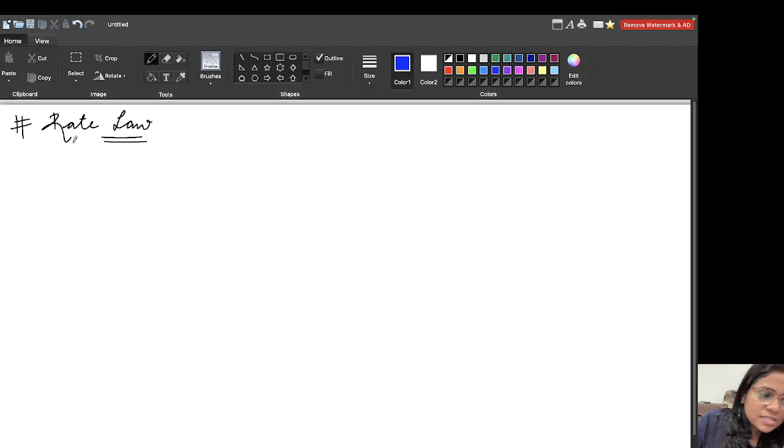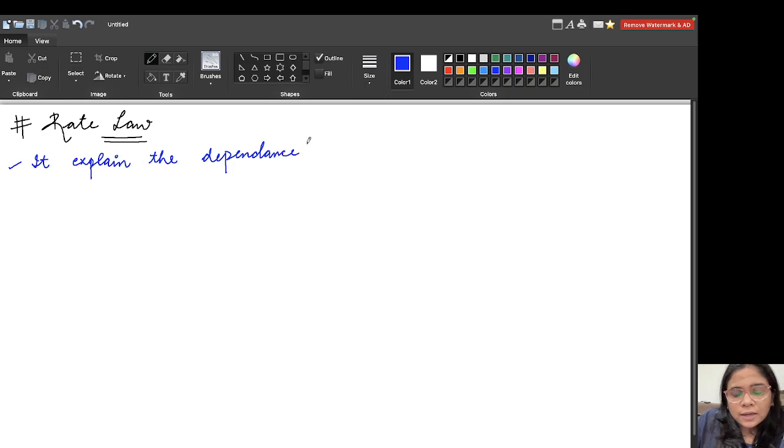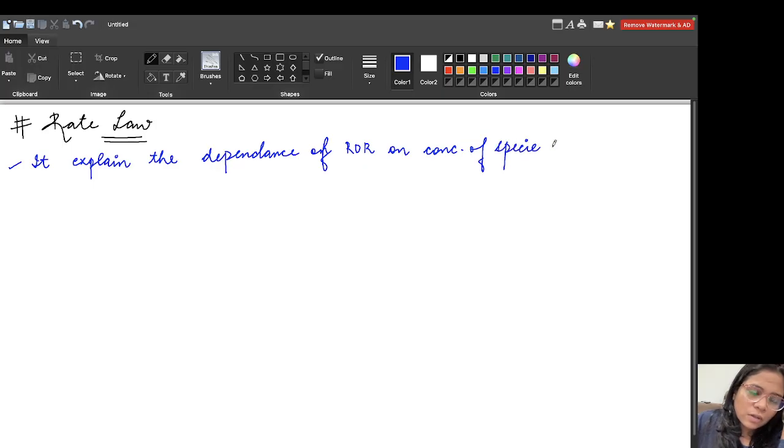What does this law do? It explains the dependence of rate of reaction on the concentration of species in the reaction.